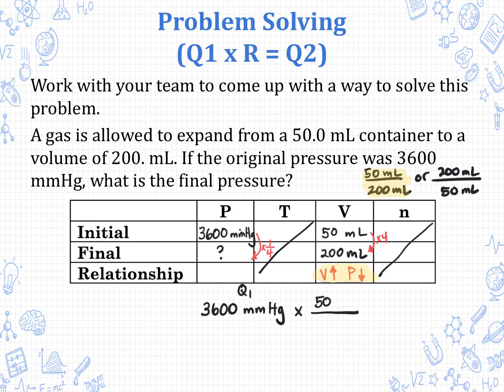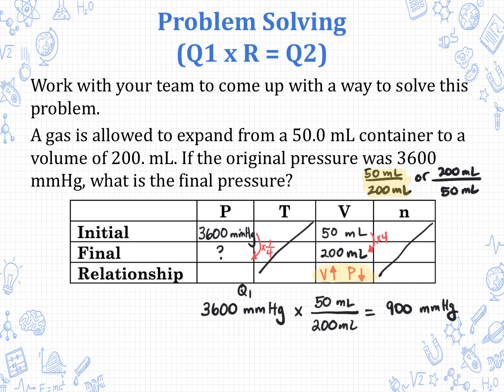So if I do 50 milliliters over 200 milliliters, that is basically taking 3,600 times 1/4, which is 900 millimeters of mercury. And if I compare these numbers, this matches my prediction. Volume got 4 times bigger, pressure will get 4 times smaller. 900 is 1/4 of 3,600.